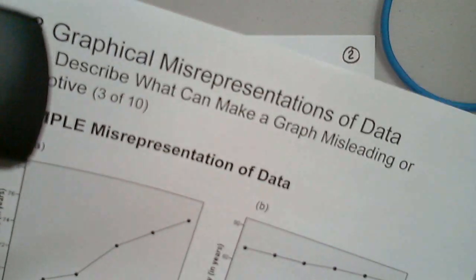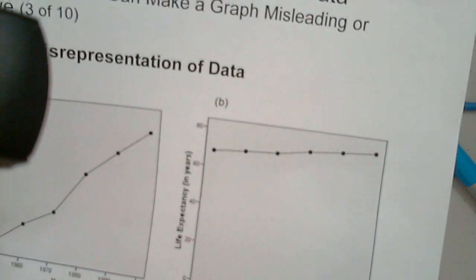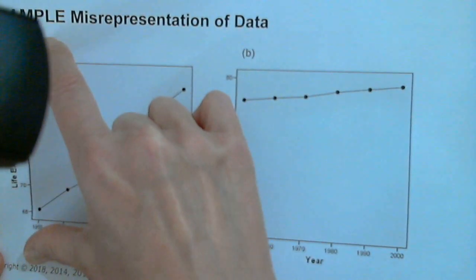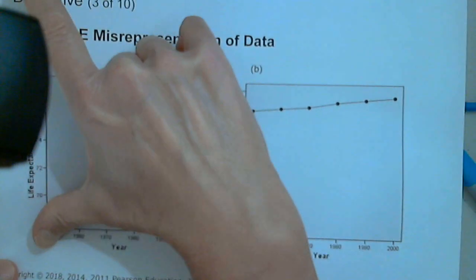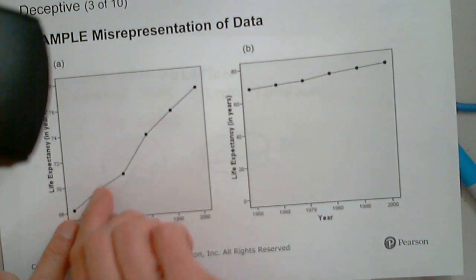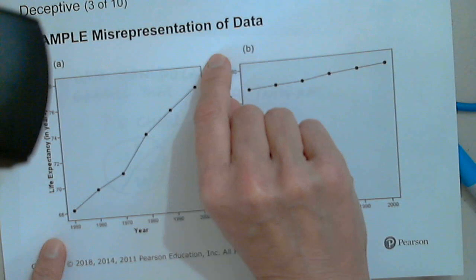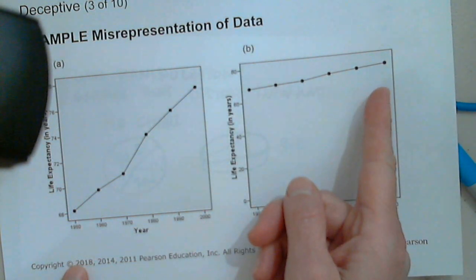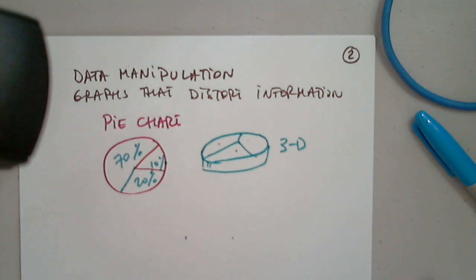We stretched the vertical scale, and by stretching it, I really show that this is a huge difference, but actually it's not that big. So that is a way of distorting the information and impressing people with it.